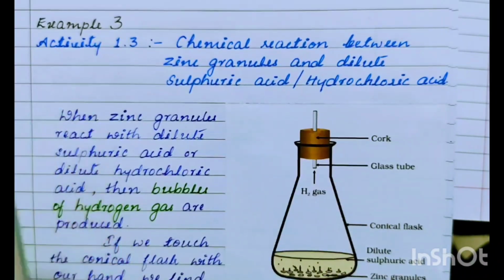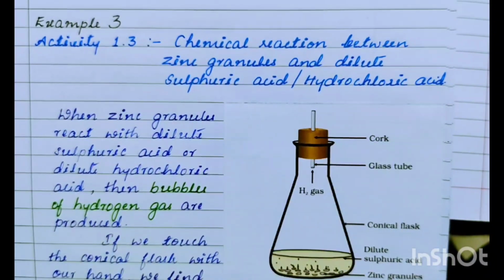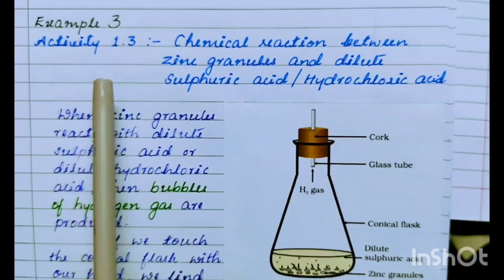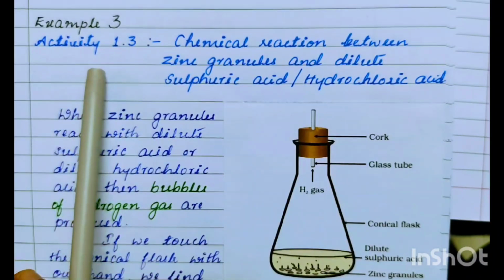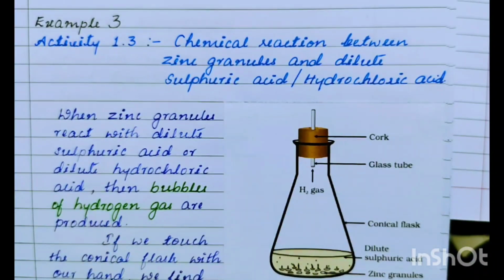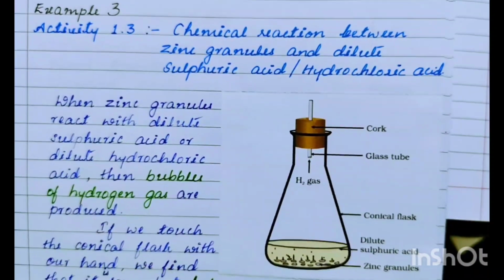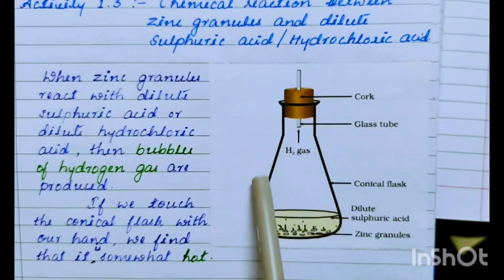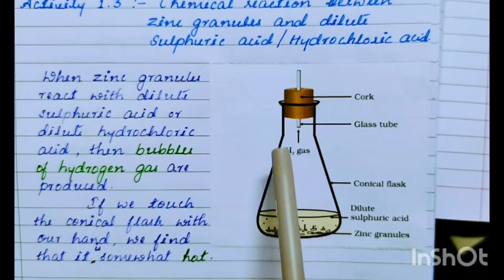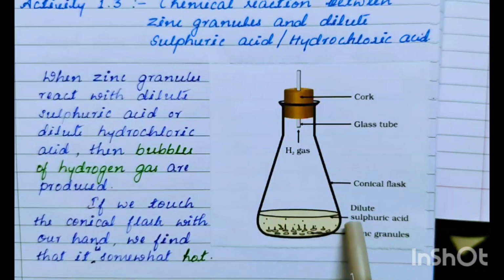Next we'll go to example 3. In the textbook it is mentioned as activity 1.3, and that activity is about the chemical reaction between zinc granules and dilute sulfuric acid or hydrochloric acid. Any one of the acids can be taken. This picture is also there in the textbook, and this apparatus is called a conical flask.